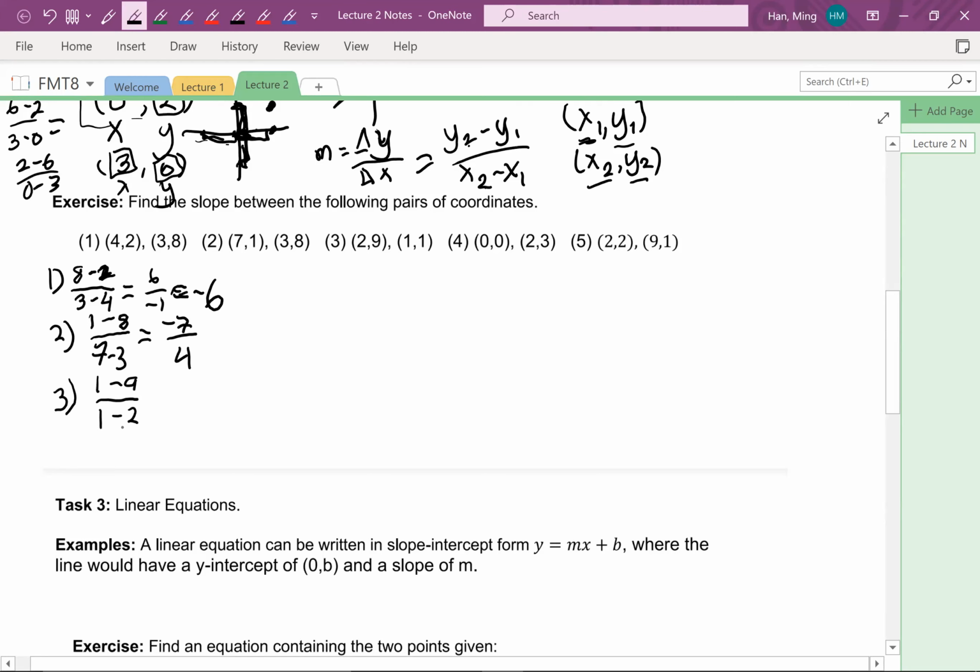The first y here is 9, and the second y is 1. So I subtracted 1 from 9, which is 8. And then I subtracted 1 from 2, which is 1, and I got 8 over 1. Yes, nice job. Okay, so does anyone want to try number 4?